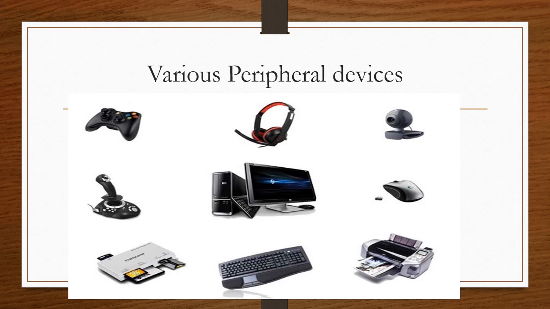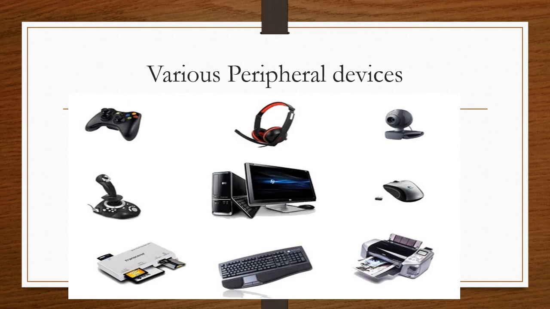And next we are seeing various peripheral devices. What are peripheral devices? In the previous classes, in 6th standard and 8th standard, you may have studied about computer network. What is a computer network? A collection of computers and peripheral devices that are linked with communication links.